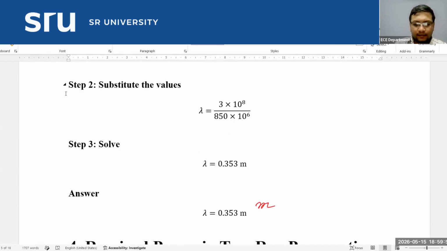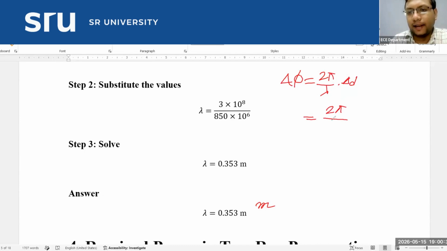So in this case, suppose in the previous expression, what was the previous expression? Del phi is equal to 2 pi by lambda into delta d. This was a formula. Now, suppose lambda is not given, f is given. So we know that 2 pi divided by lambda, what is the lambda expression?